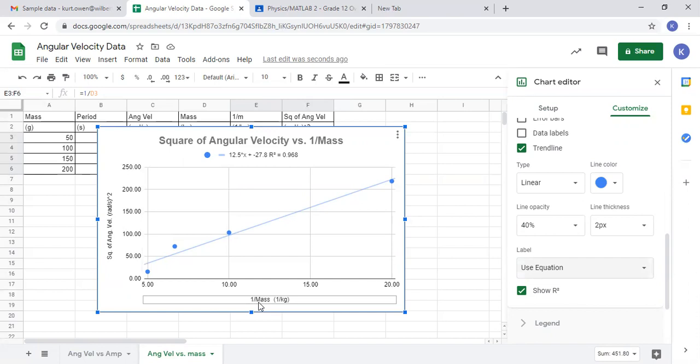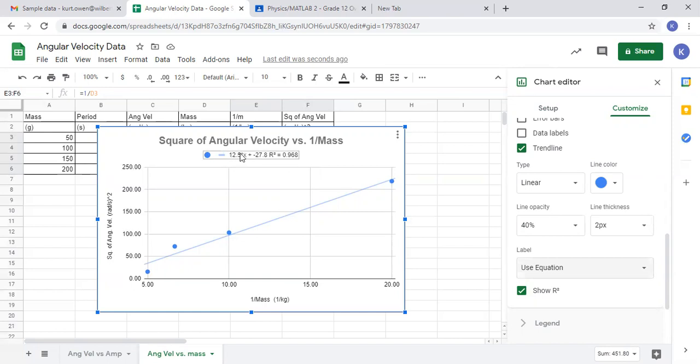All right, there's a reasonably good correlation between those for this data. Not quite as good as our linear stretching for springs, but it's pretty good. Okay, so the formula that we use, that omega equals the square root of k over m, seems to be a pretty good one based on this data.